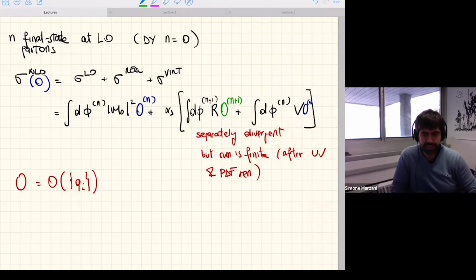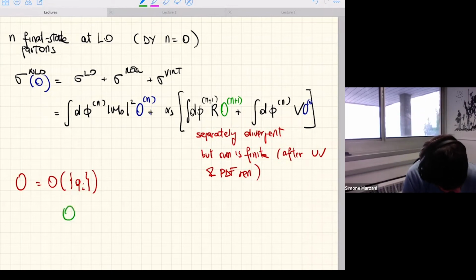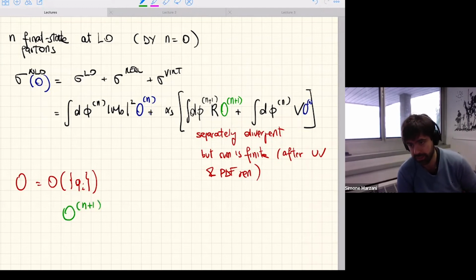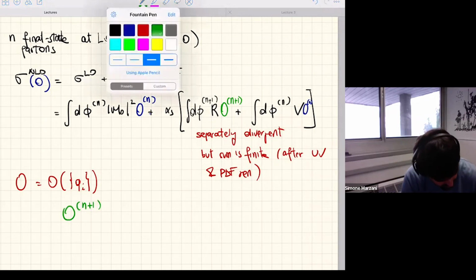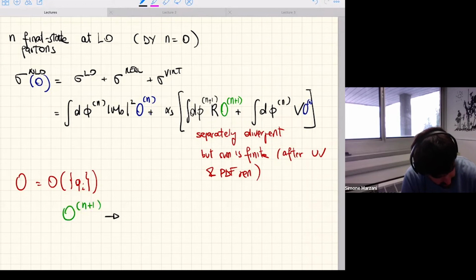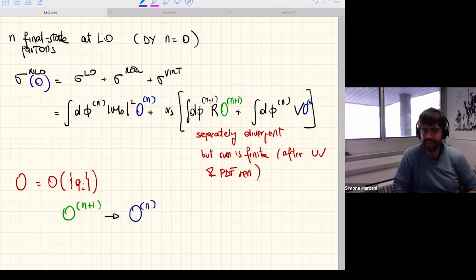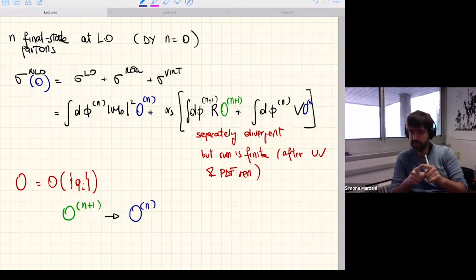So the cancellation of these IRC singularities, infrared and collinear singularities, still holds only if the measurement function for the n+1 final state phase space reduces to the measurement function for the n final state when either two particles become collinear, we know there's a collinear singularity when two particles are close and parallel, or when one parton becomes soft.